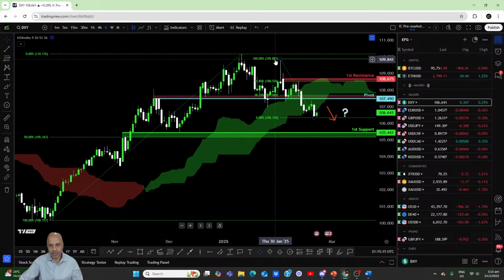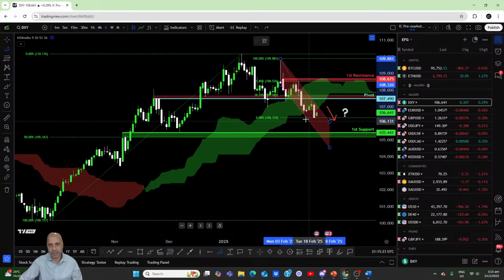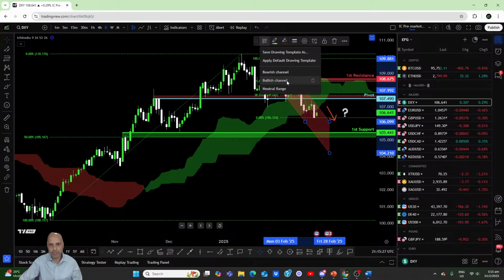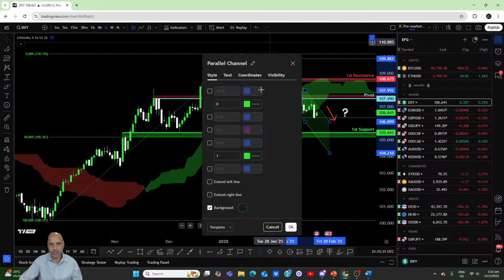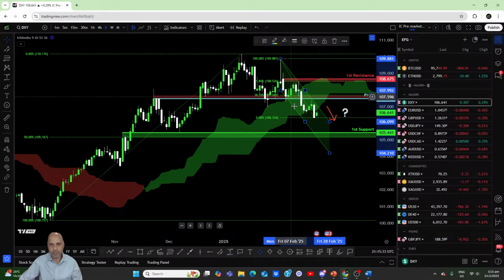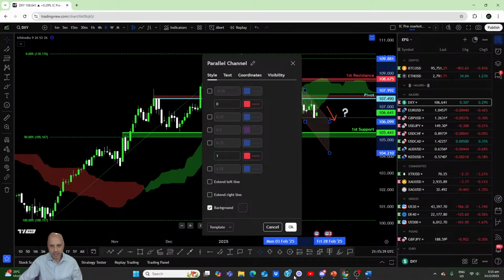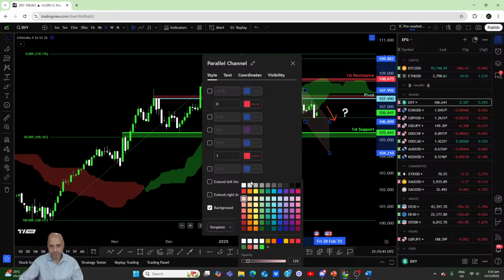As I mentioned as well, we can probably identify a pretty decent bearish channel, as we can clearly see a series of lower highs and lower lows. Hang on, let me look for the bearish channel. There we go, and let me highlight the background a little bit.